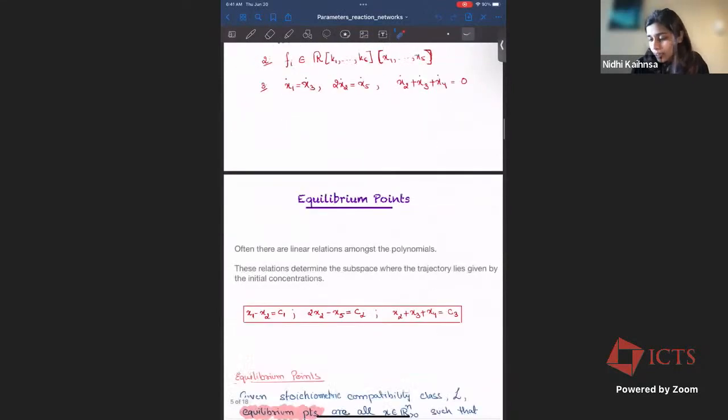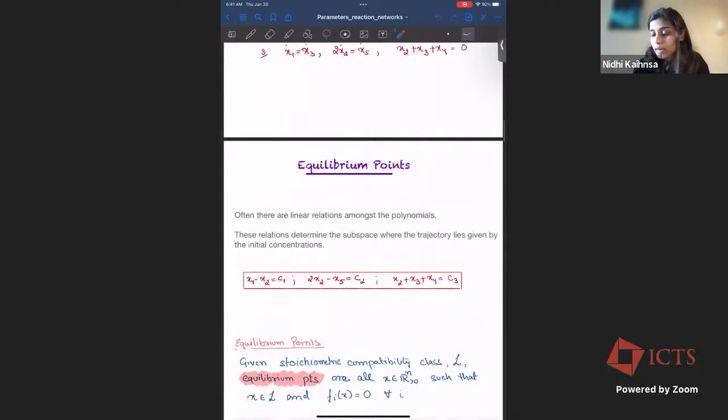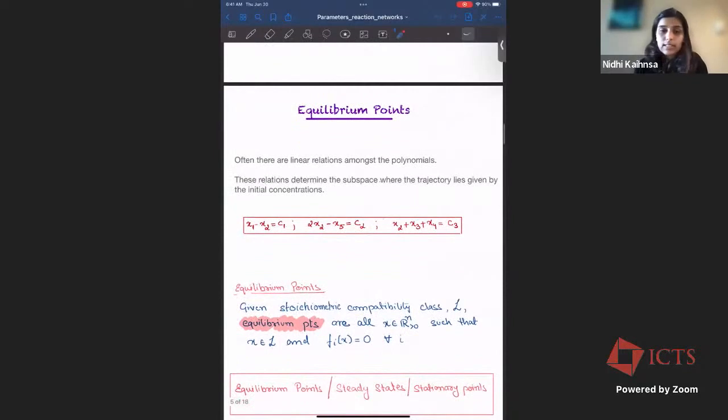For these chemical reaction networks and the stoichiometric compatibility class, we are often interested in the equilibrium points of the dynamical systems. Given a stoichiometric compatibility class, we want to see where all of my right-hand side polynomials vanish to zero in the given class.